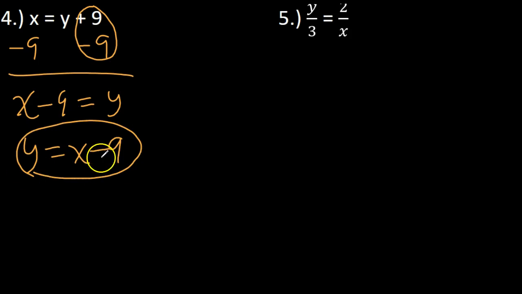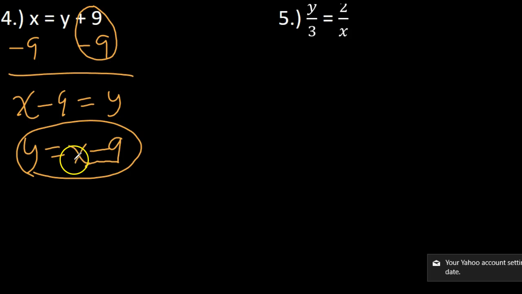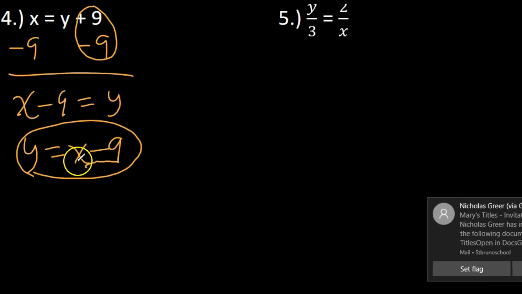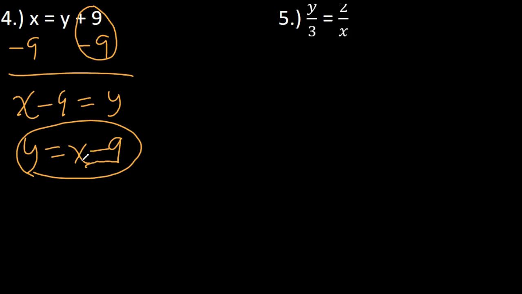Is that direct, inverse, or neither? Well, it's not inverse because the x is not in the denominator. Is it direct? No, because 9 is being subtracted from x. For it to be direct, it has to be multiplied. So it is neither.